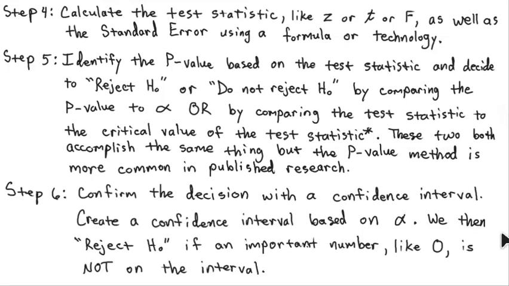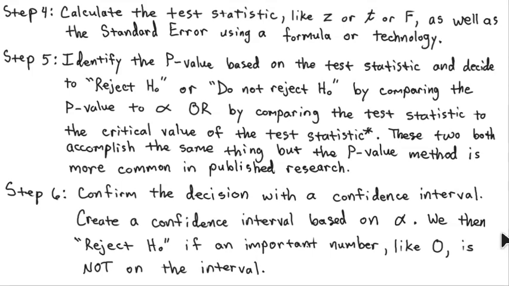And then this last step is not always done, but it is very helpful in learning statistics. After finishing up with step 5 and making your decision about the null hypothesis, sometimes your professor may want you to confirm the decision that you found with what's called a confidence interval, if you have learned about confidence intervals yet.